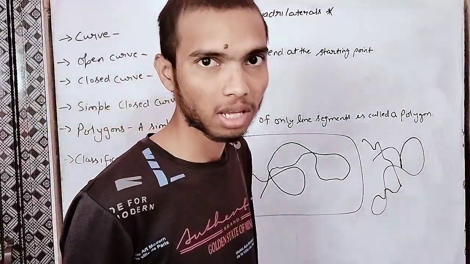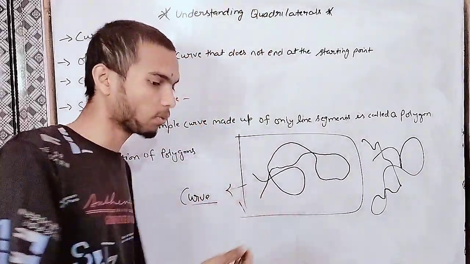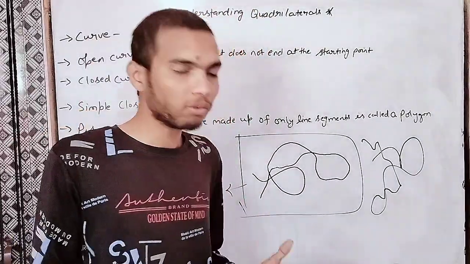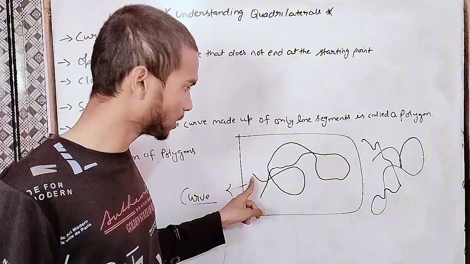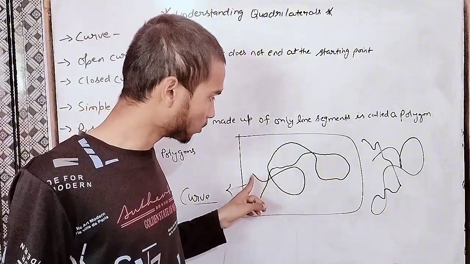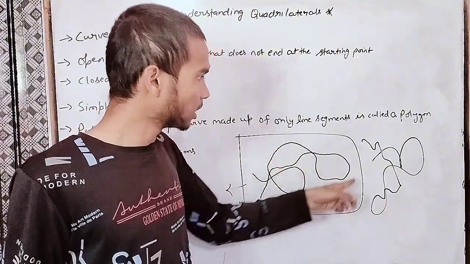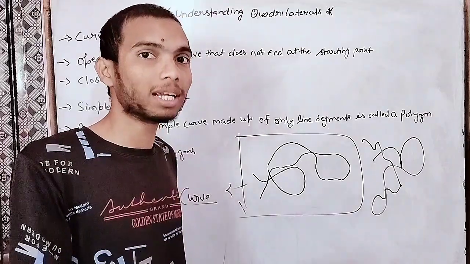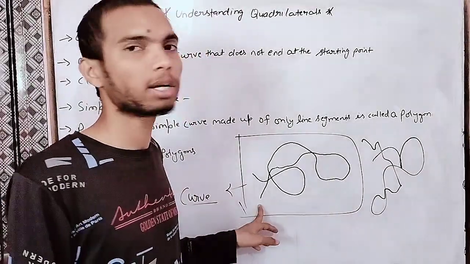The meaning of a curve says that when you start, we have a point. This is one point. Then we started moving like that, and the second point will end somewhere. This is the second point.